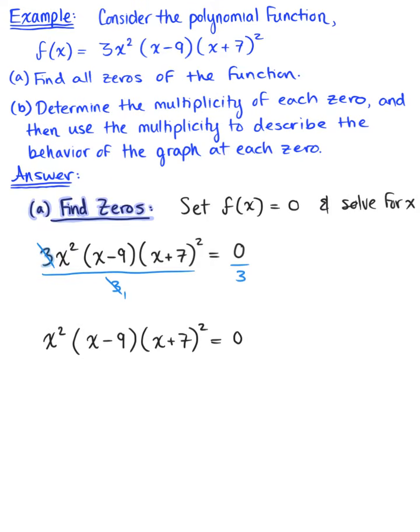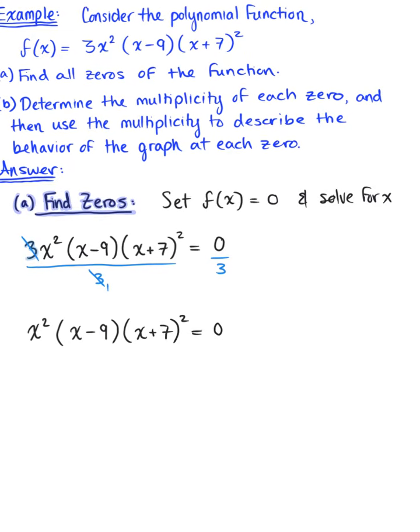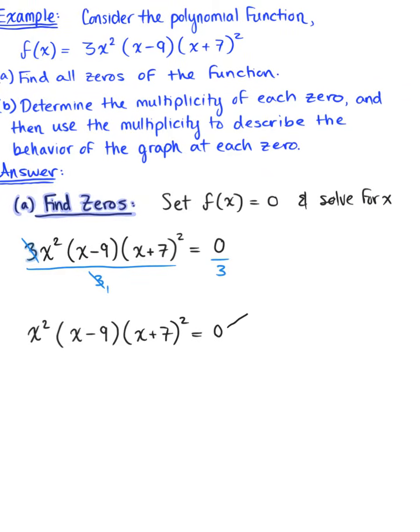And so we have 3 separate cases that we're going to need to consider here. We have x squared is equal to 0. We have the case where x minus 9 is equal to 0. And then we also have the case where x plus 7 squared is equal to 0. So in case number 1, in order to solve for x, we need to remove the square.